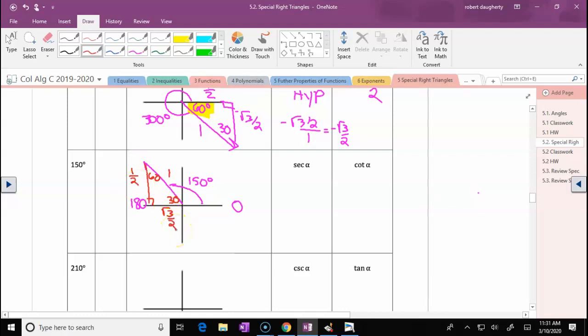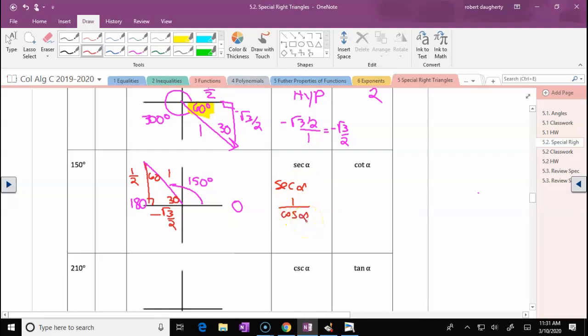And then what are the positive, negative values? This one is negative, the other one is positive. So to figure out the secant, it goes with what? Cosine. So the secant of this angle, alpha, is 1 over the cosine.